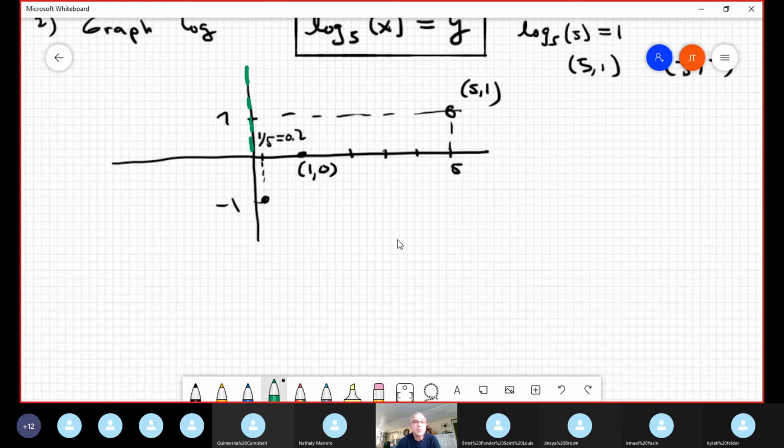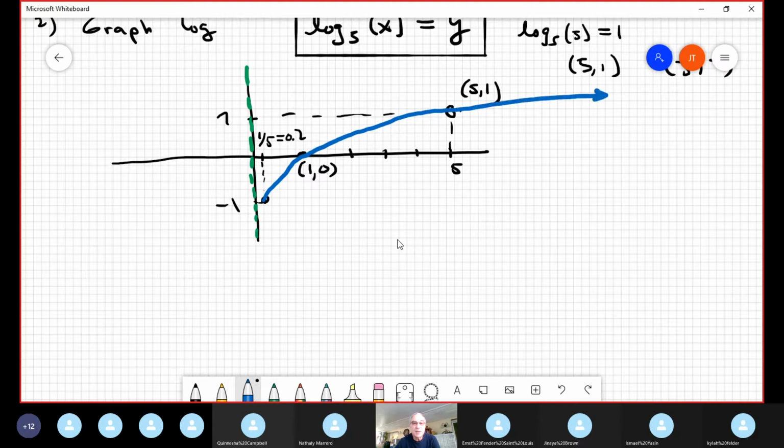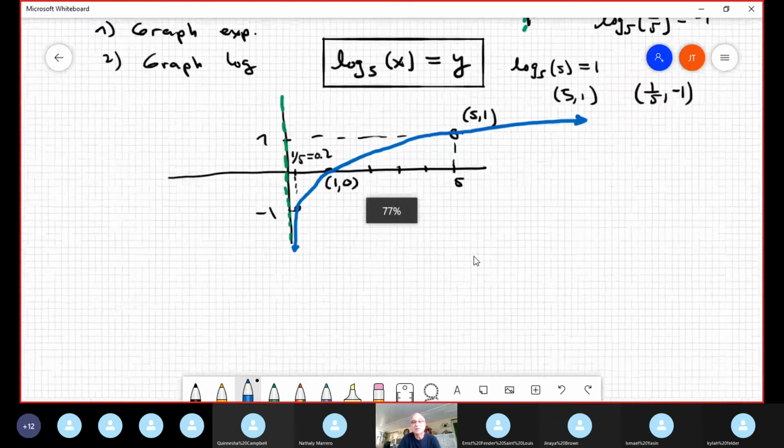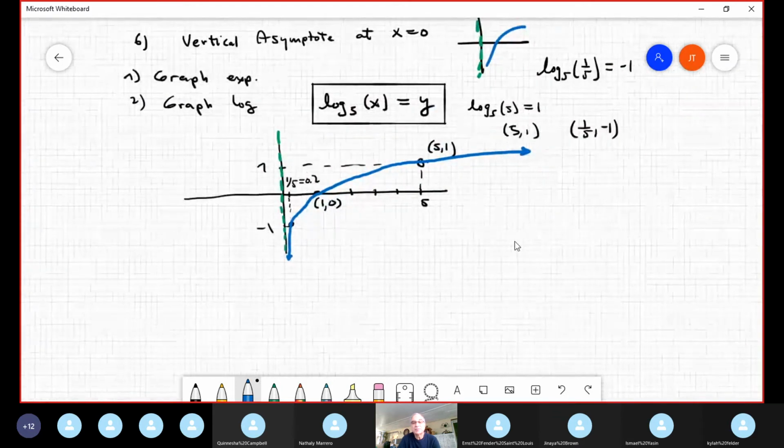Now I do the graph connecting these points, traveling like that. It's asymptotic, it approaches but never touches. This is the elegant graph by hand of the logarithm.